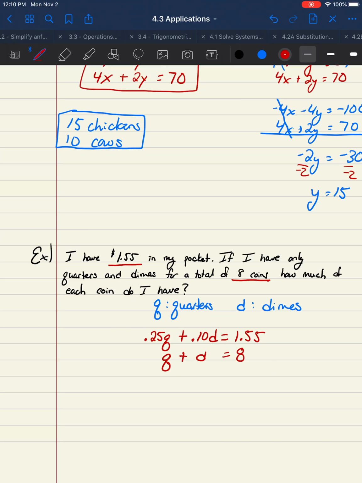Okay, my quarters cancel. Negative 0.15D equals negative 0.45. Sorry, I kind of ran out of room. And divide by negative 0.15 on both sides. And I end up that D equals 3. So what did D stand for? Dimes. That means I have 3 dimes.